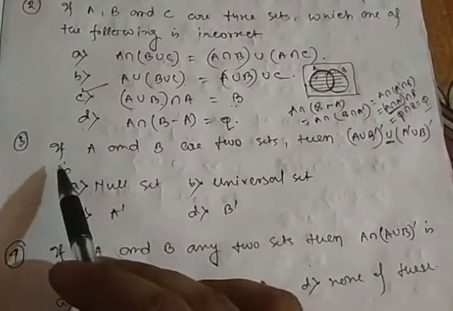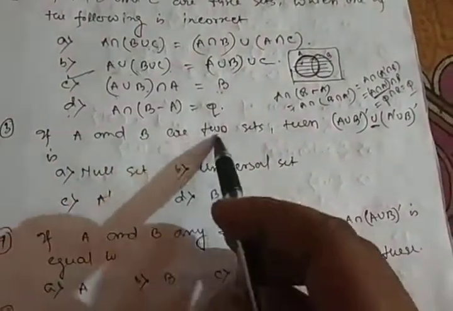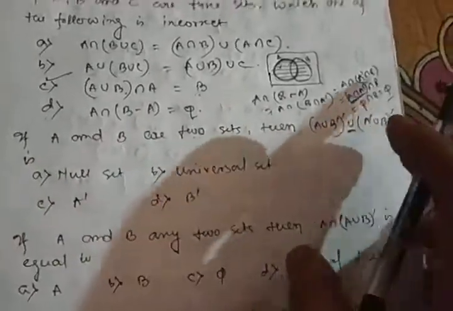Third question is, if A and B are two sets, then (A union B) dash. And now this question is a wrong question, this will be intersection. So this is a wrong question.